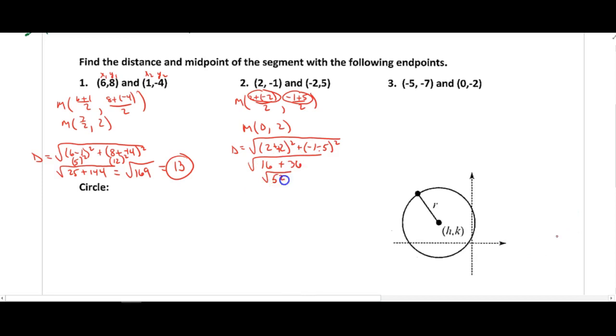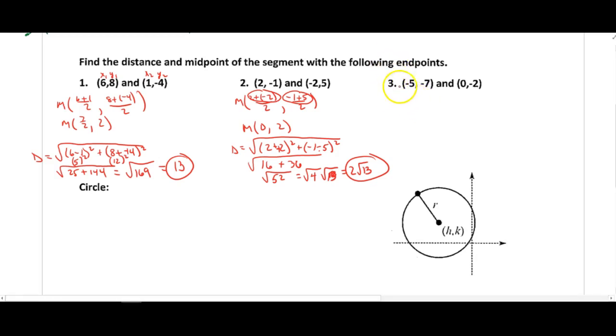So the distance between these 2 points is the square root of 52. Now, we do want to simplify this radical into root 4 times root 13, which would give me 2 root 13. Simplifying radicals is something you need to remember from Math 1 and 2.